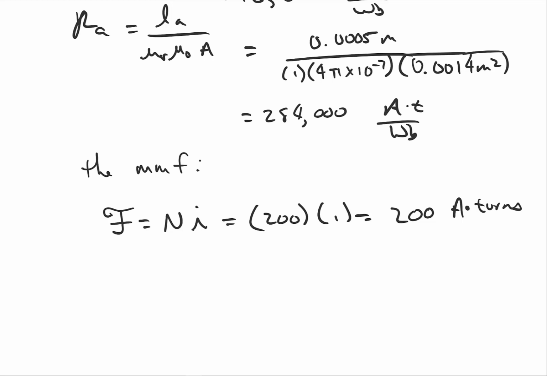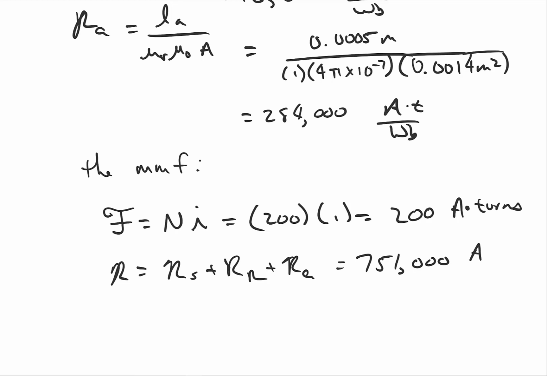Our total reluctance is equal to R sub S plus R sub R plus R sub A, and that comes out to be 751,000 ampere turns per Weber.